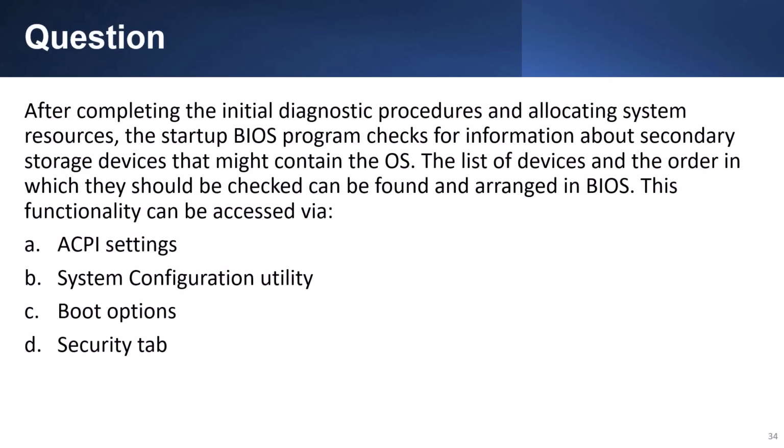Question: after completing the initial diagnostic procedure and allocating system resources, the startup BIOS program checks for information about secondary storage devices that might contain the OS. The list of the devices in the order in which they should be checked can be found and arranged in BIOS. This functionality can be accessed via what?